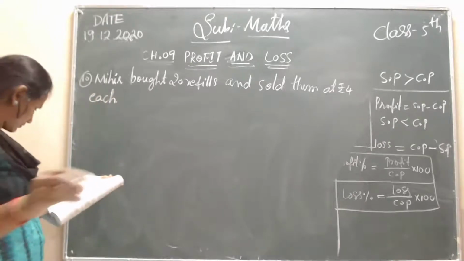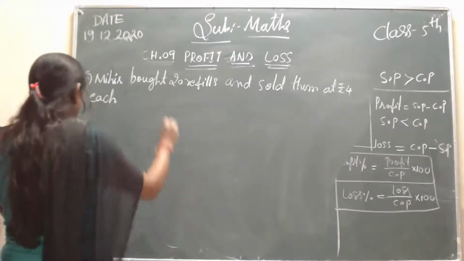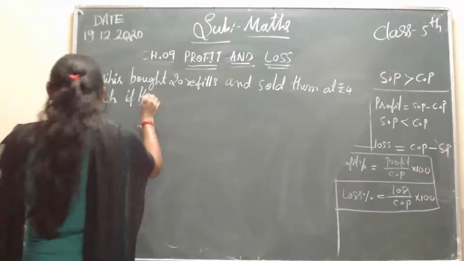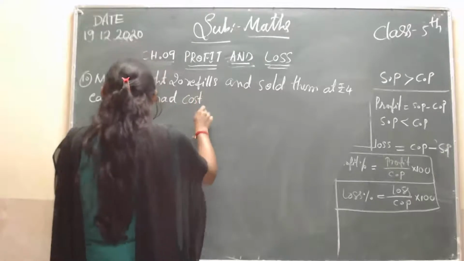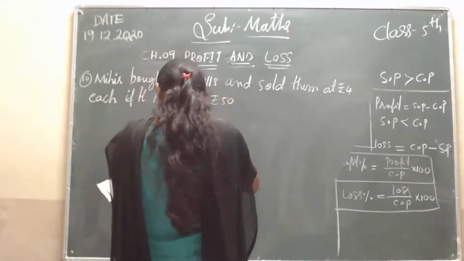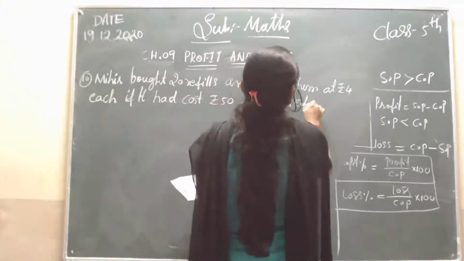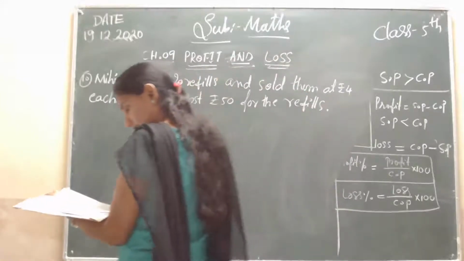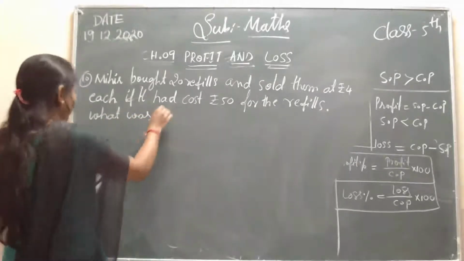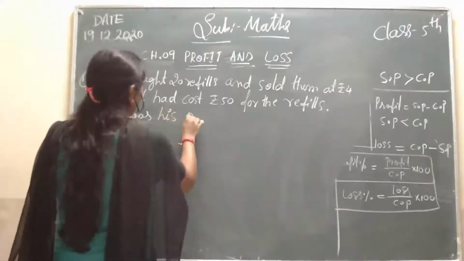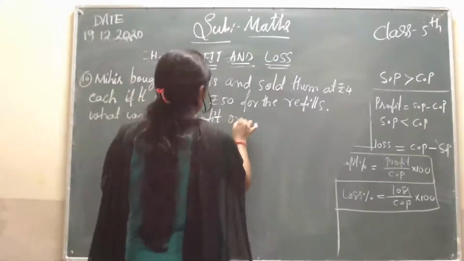Students, that is each. If the overhead cost is 50 rupees for the refills, what is the profit or loss percentage?